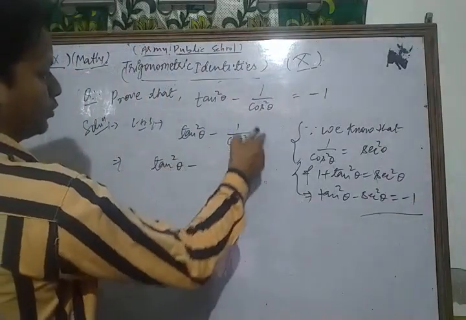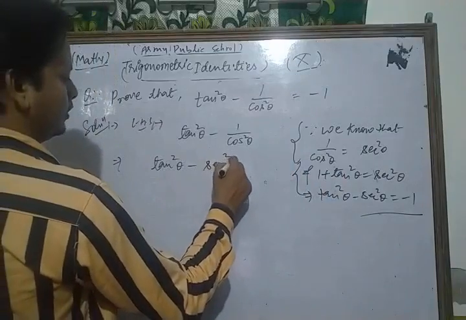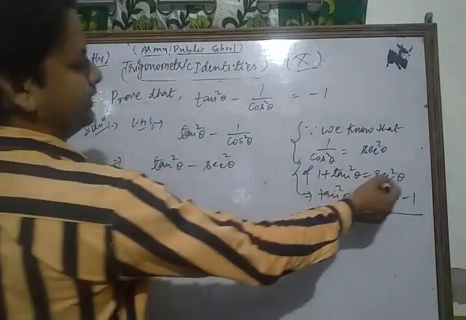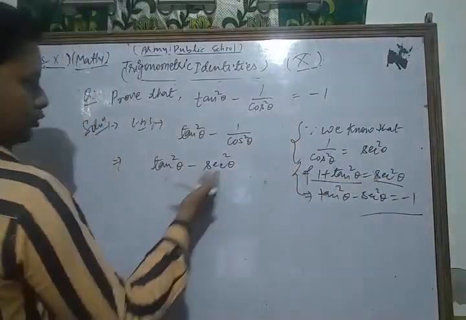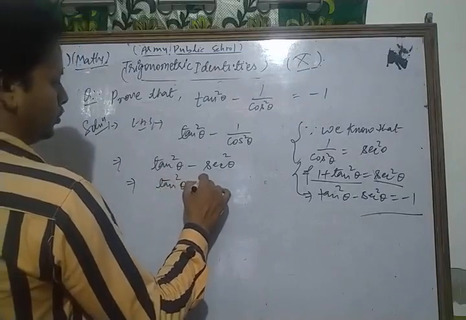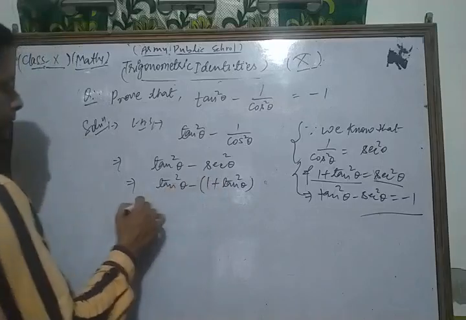So from there, tan square theta minus 1 upon cos square theta is sec square theta, or we can write sec square theta as 1 plus tan square theta. So here we put 1 plus tan square theta in brackets, and break the brackets.